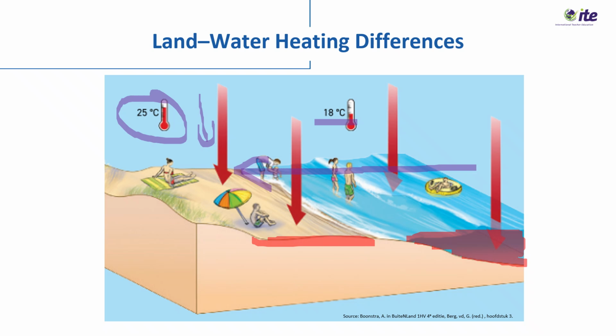So it will have an effect on this land and cause the temperature to drop maybe to 20 or 21 degrees. That is how water and land influence each other. By the way, in the winter, the opposite is true. Then the land is cool, and the water is, compared to the land, warmer. It's all relative, and then it can have a positive effect on the temperature on land.